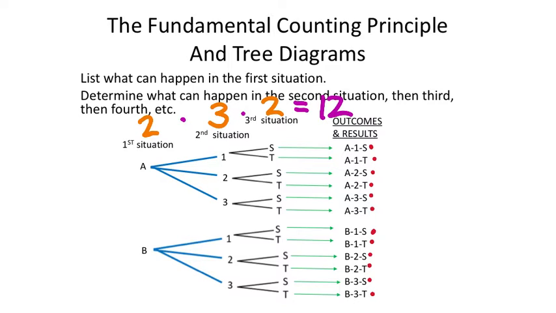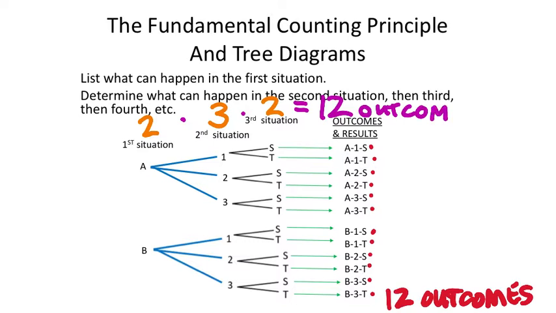So right here we counted 12 outcomes, but by using the fundamental counting principle, we took a quick shortcut, and we also found there were going to be 12 outcomes. Now, the tree diagram is nice because it does list all of the outcomes. But again, if all you wanted to know was how many outcomes there are going to be, you could have used the fundamental counting principle.